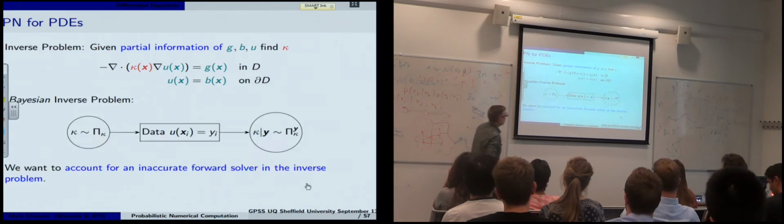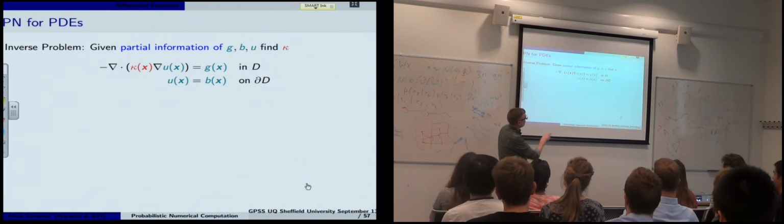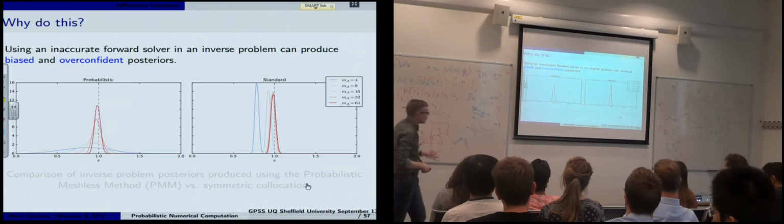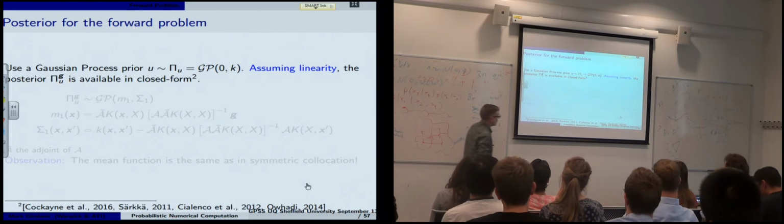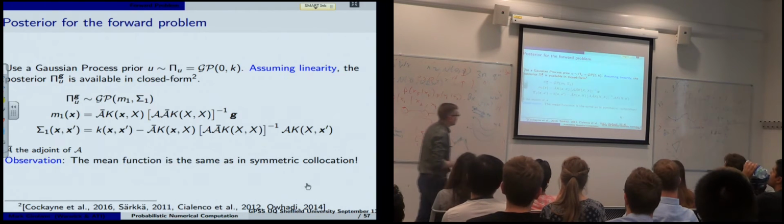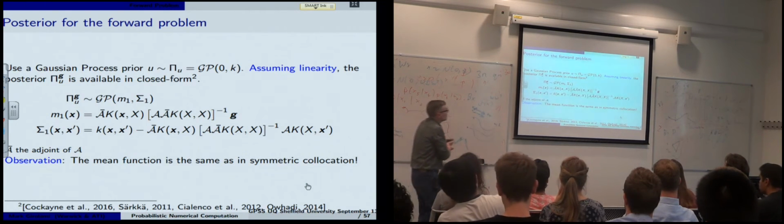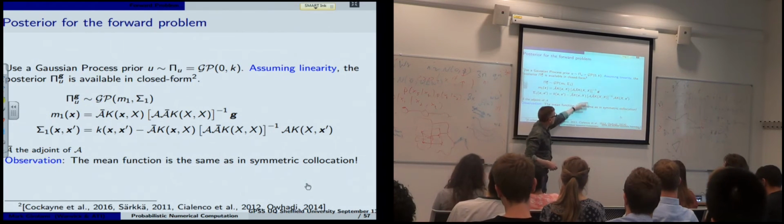Why? Well, because this is just a linear elliptic operator, and so we have closure of Gaussian measures under linear operators.